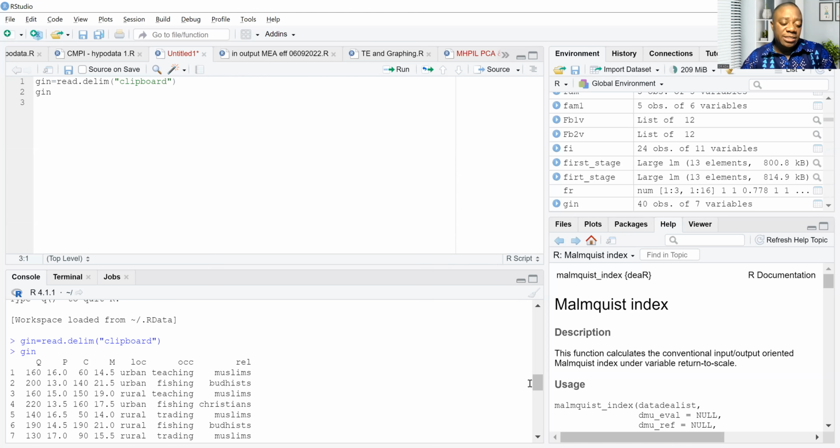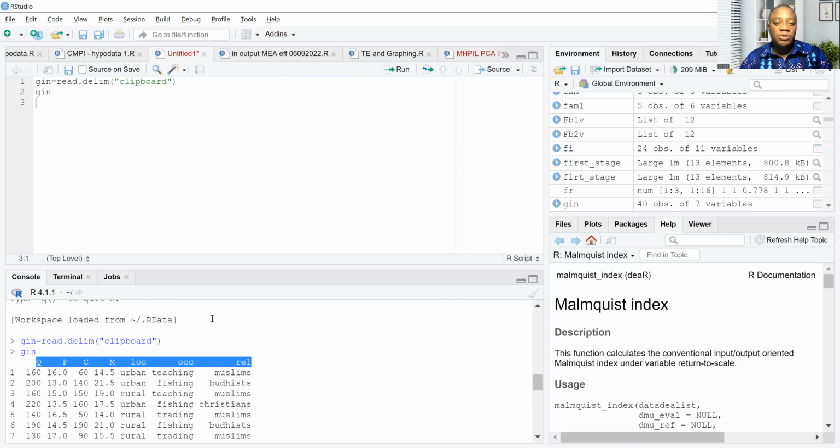Please listen. If you have your data, the heading for occupation should be OCC instead of OCCU. So if you have OCCU, please go back to the Excel and rename it.